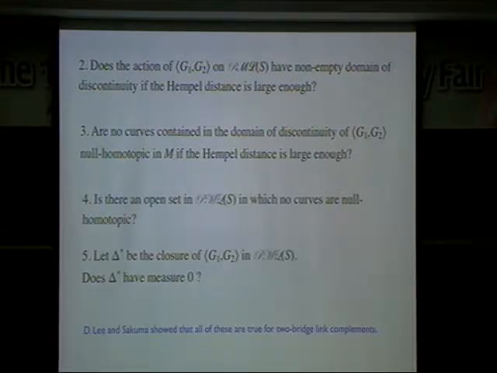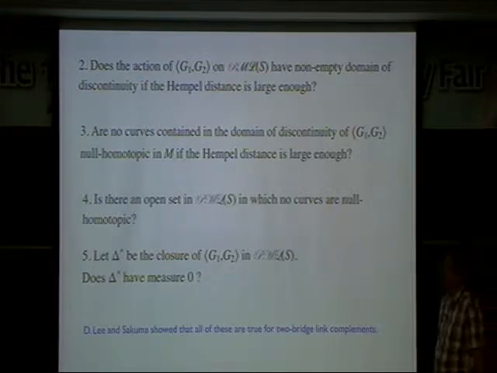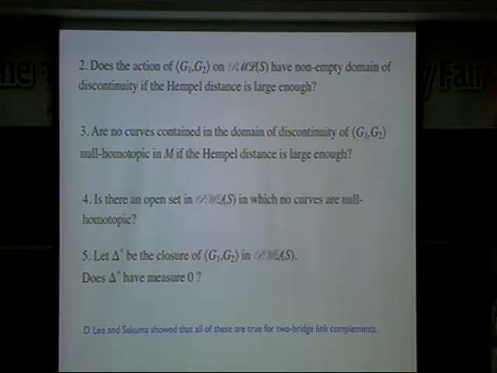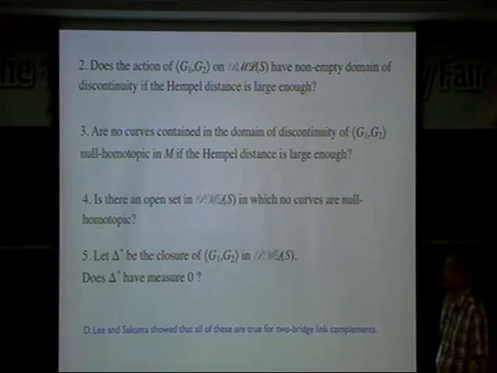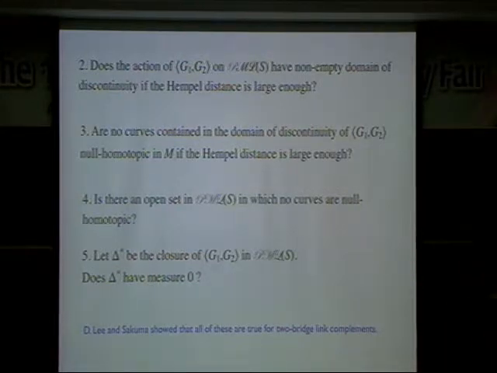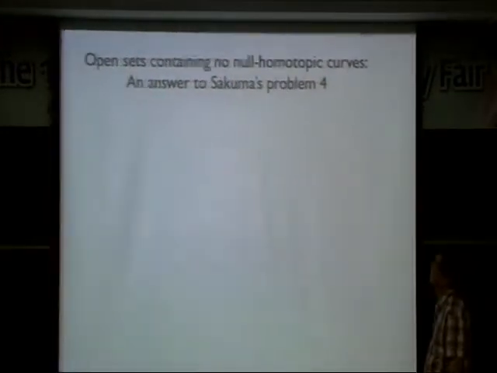Okay, so in my work in progress, we haven't succeeded yet in proving all of these for n-bridge link complement, but we are now starting to prove some of the problems in this list.